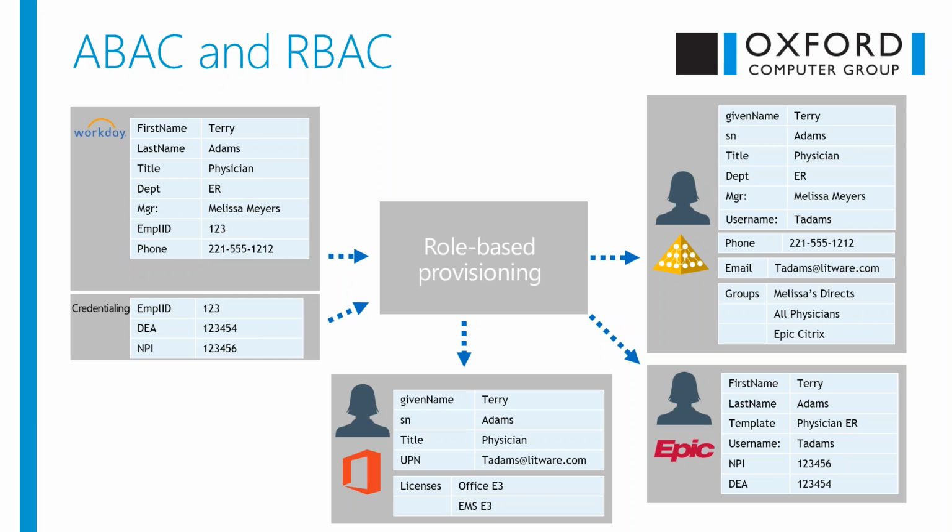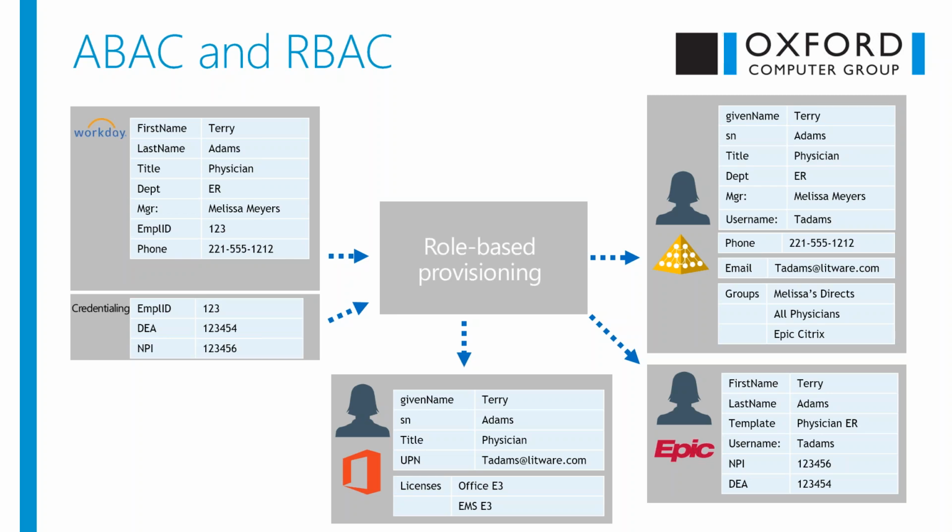For those of you not aware, a credentialing system at a hospital is what keeps track of all the providers, all their DEA numbers and NPI numbers, and a wide variety of other things that include their specialty. But this is very common in any organization where we have multiple sources of identity information that we need to combine in order to enhance our meta directory, our identity and access management system.